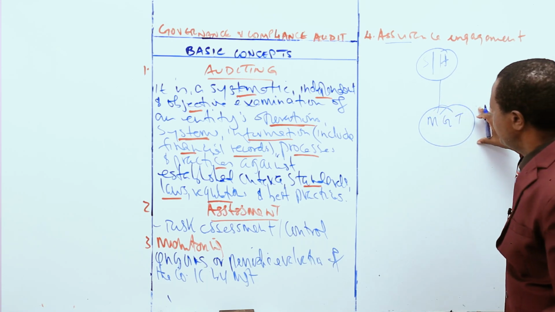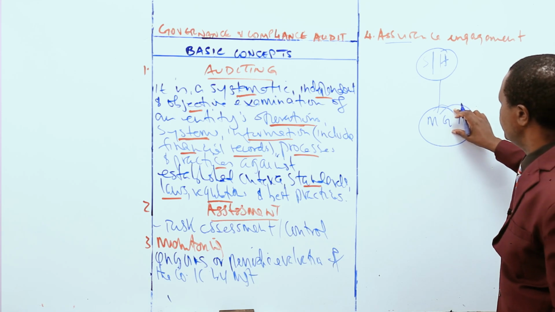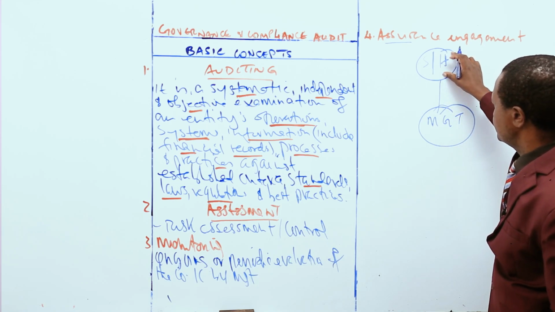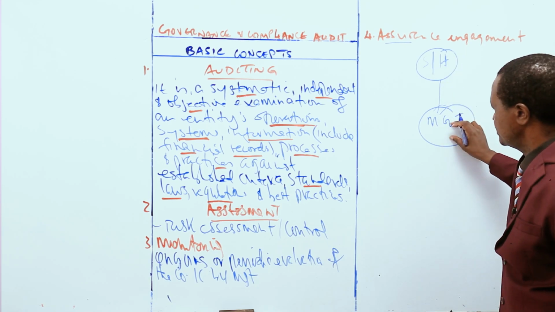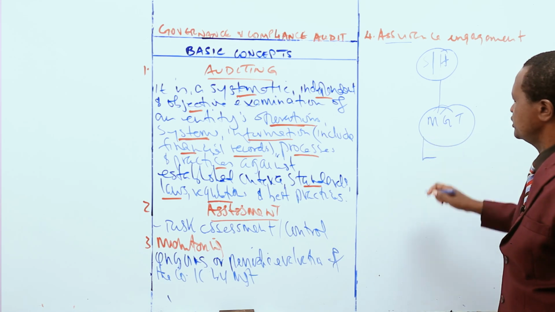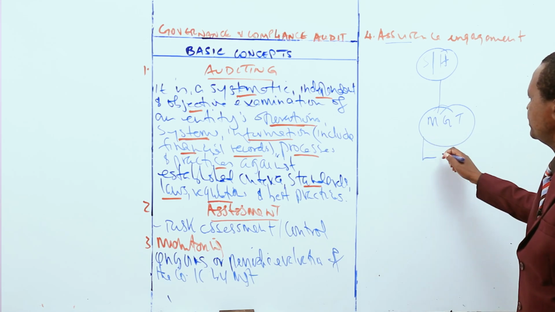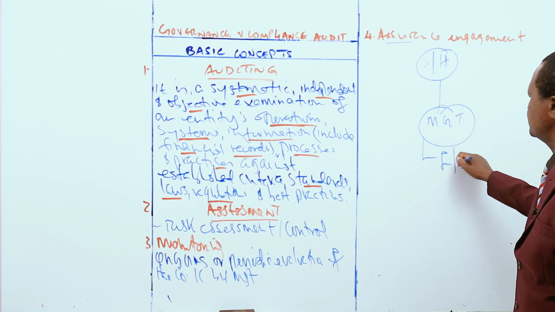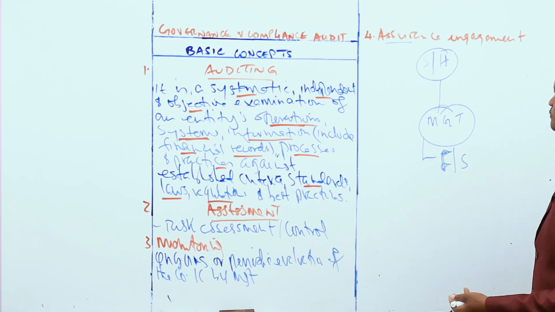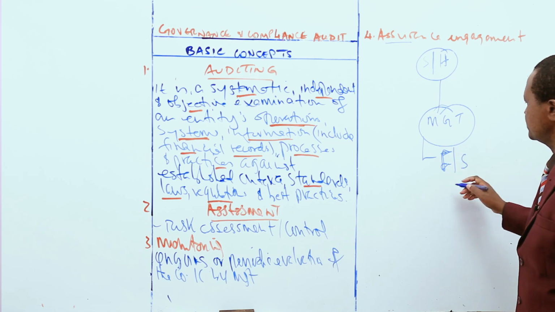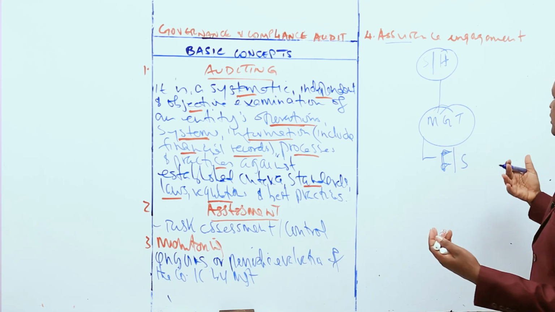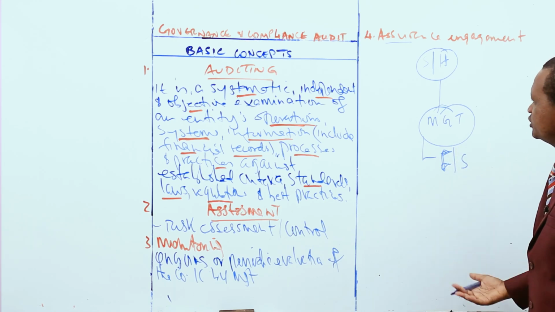They appoint the management to run the affairs of the company on their behalf. This management has a statutory responsibility to prepare financial statements. They are legally mandated to prepare financial statements like the income statement, like the balance sheet, and so on.